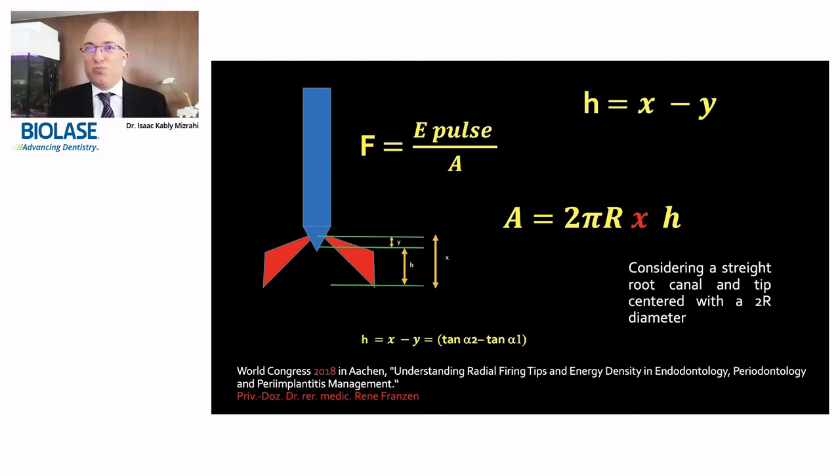This was first presented by one of my most respected lecturers, Dr. René Franzen, at the World Congress in Aachen in 2018. So this can be calculated by physics, and it's important to know that we can calculate that amount of energy too.